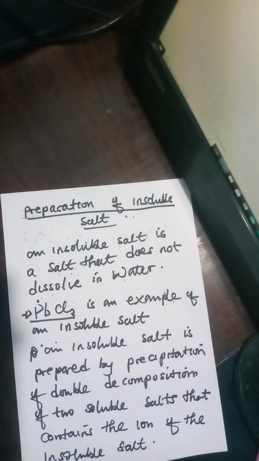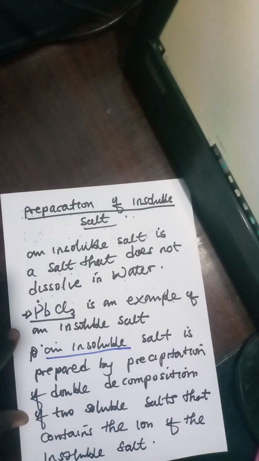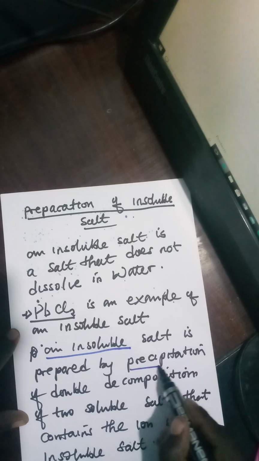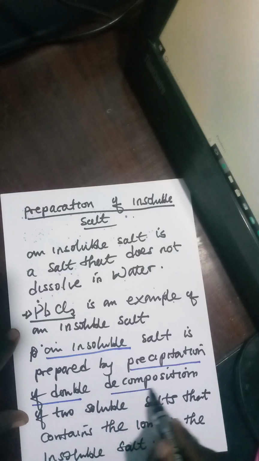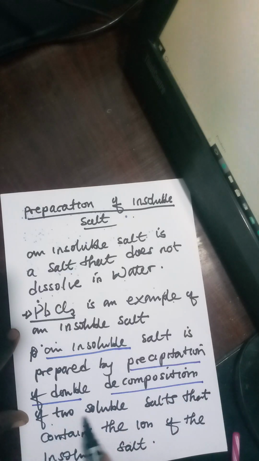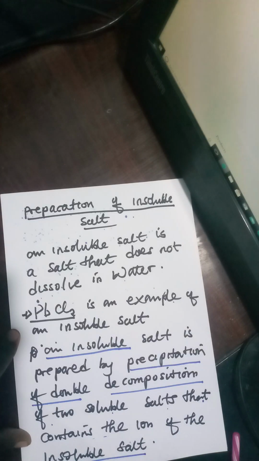So we are saying that an insoluble salt can be prepared by precipitation of double decomposition of 2 soluble salts that contain the ion of the insoluble salt.